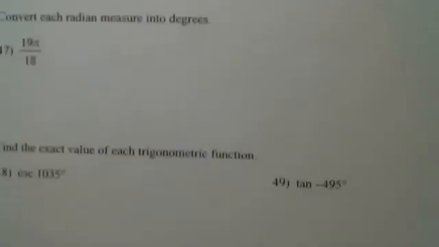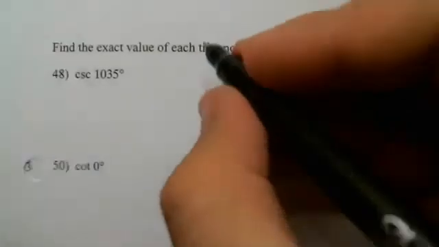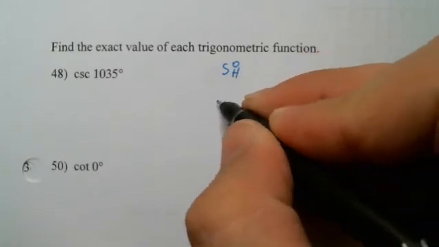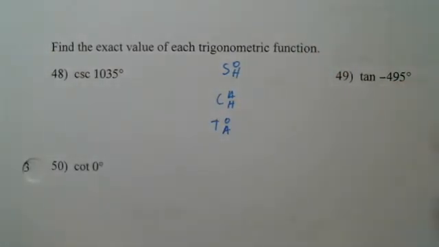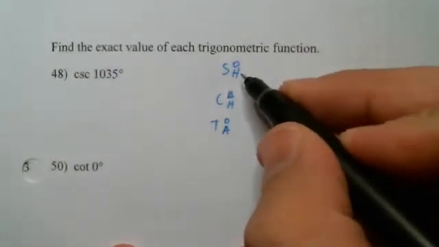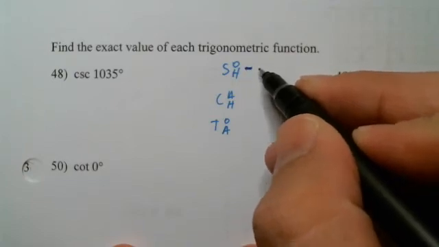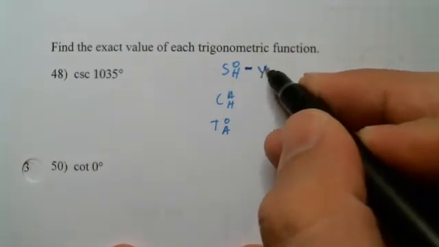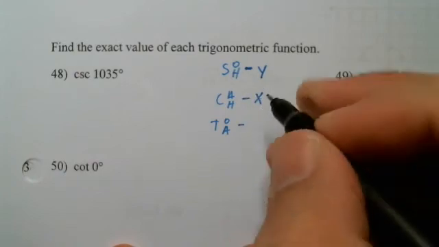So, looking at 48. Cosecant of 1,035 degrees. So keep in mind, SOHCAHTOA. Right? And we determined that sine was our what coordinate is sine? The y, right? Cosine is x.